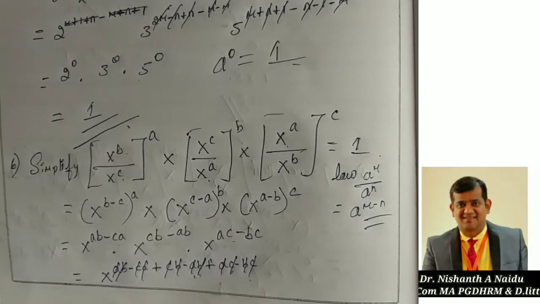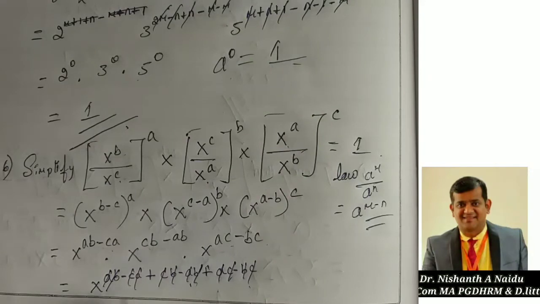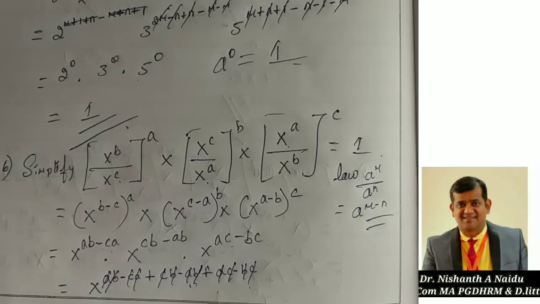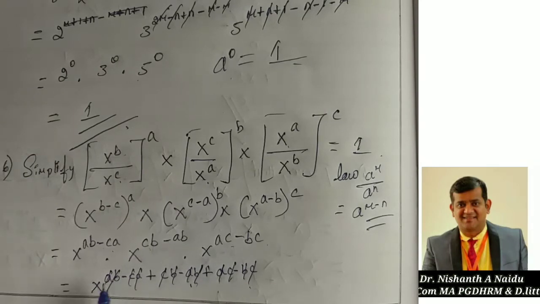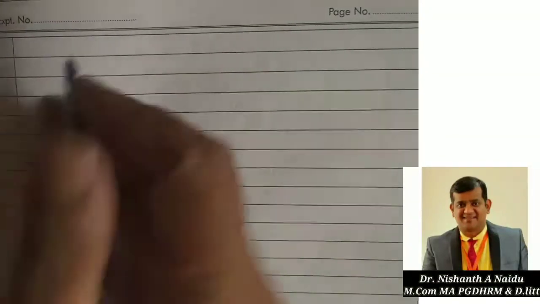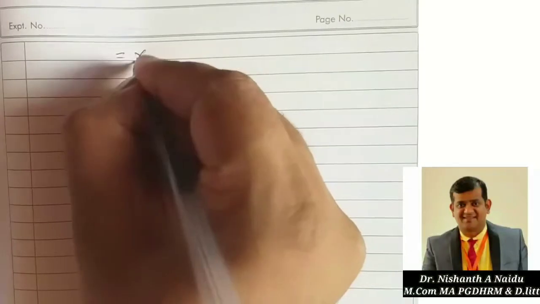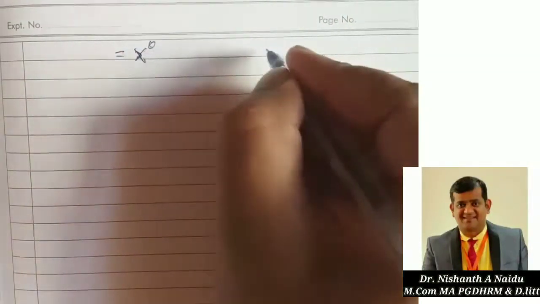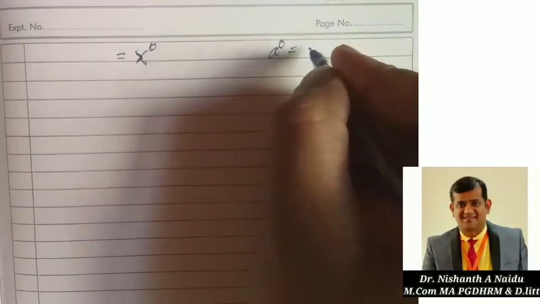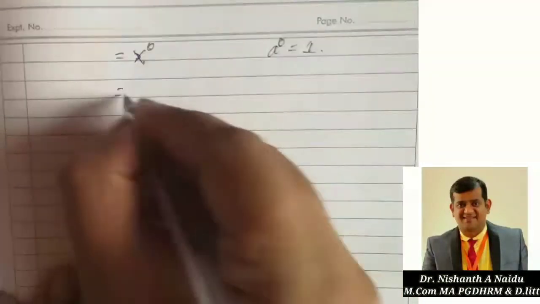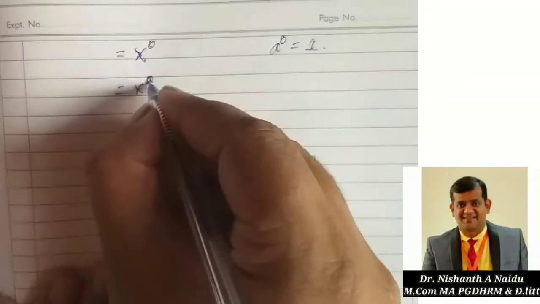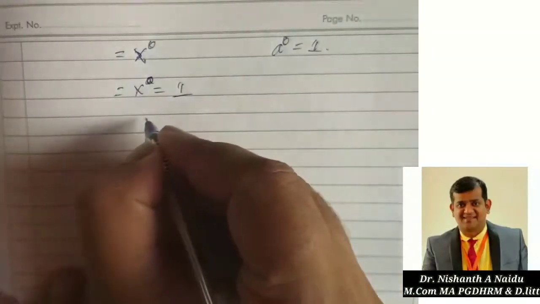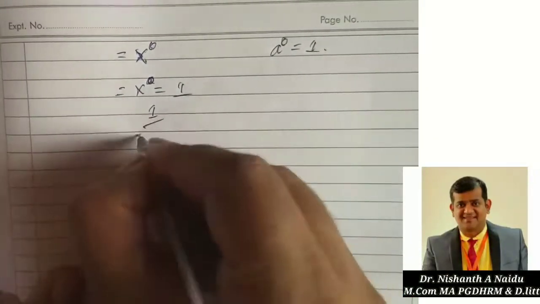So ultimately everything got cancelled because of minus and plus. After cancellation, what is the answer we got? x to the power 0. By applying the law a to the power 0 is equal to 1, x to the power 0 equals 1. So the ultimate answer is 1.